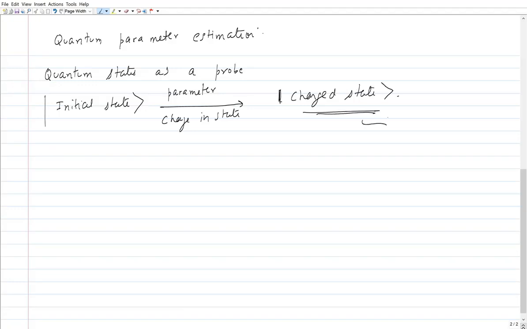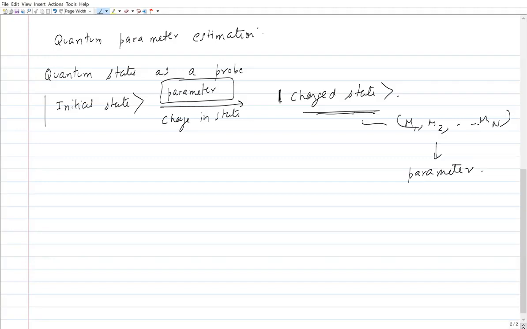And then I am going to perform a series of measurements, M1, M2, so on, Mn. The state has changed as a function of the parameter which I needed to measure, just the way the spring elongated as a function of the mass m which I needed to measure. And based upon the statistics built, I'm going to invert these statistics and I'm going to measure the parameter.